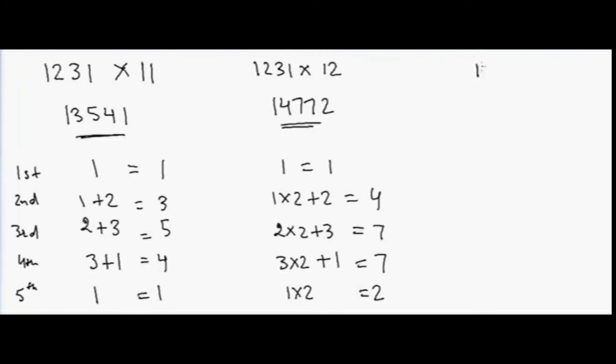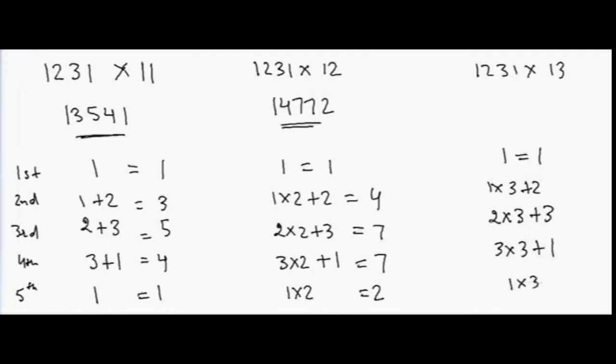Again, if I have to multiply by 13, then the answer will be 1 into 3 plus 2, 2 into 3 plus 3, 3 into 3 plus 1, and 1 into 3.